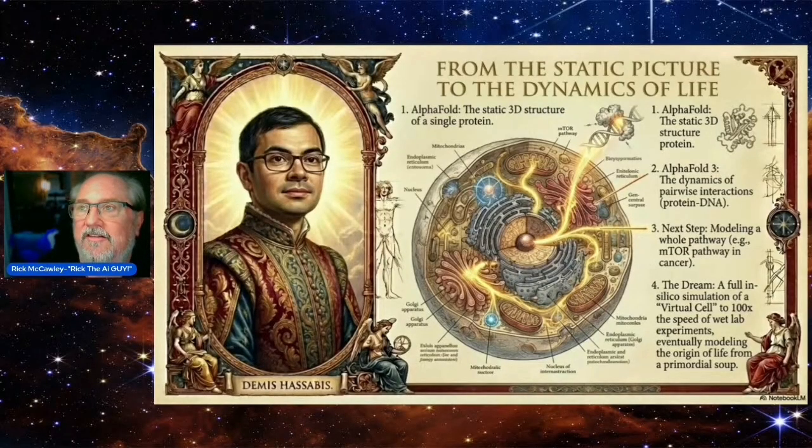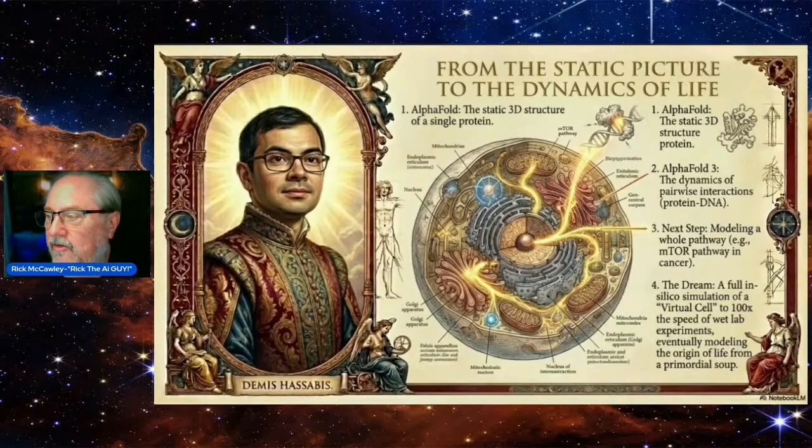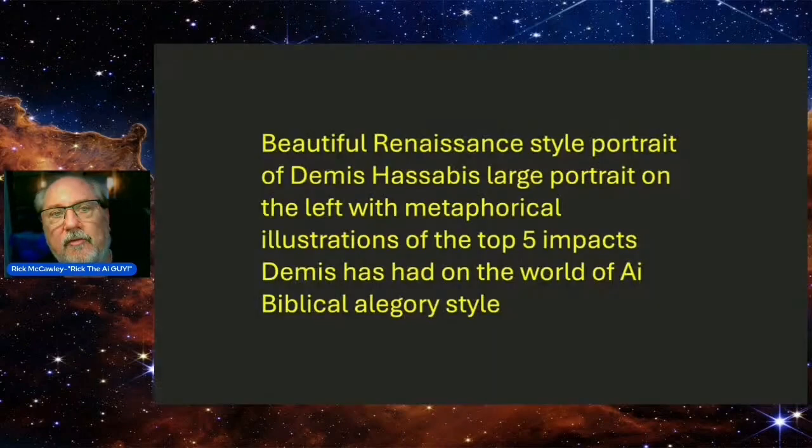And there is the DNA in the protein folding. And he's dreamed of a full in silico simulation of the virtual cell, 100x the speed of wet lab experiments, eventually modeling the origin of life from primordial soup. That's what he's working on right now. So this is the same data, but this is the different outcome in a Renaissance portrait.